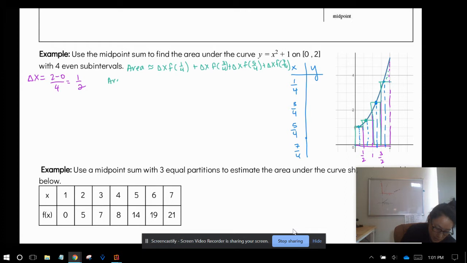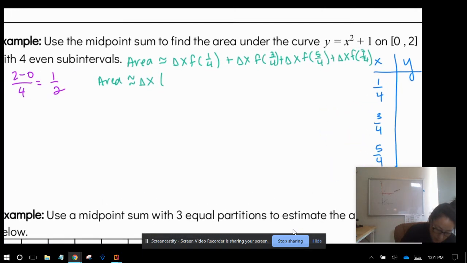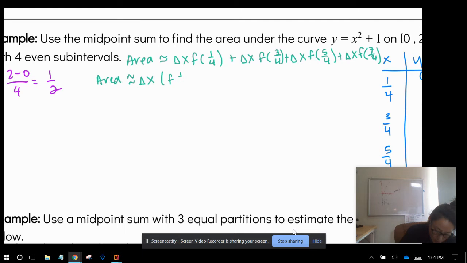And I personally like to take out the delta x if I can. So we're going to do delta x times f of 1/4 plus the output of 3/4 plus the output at 5/4 plus the output at 7/4.